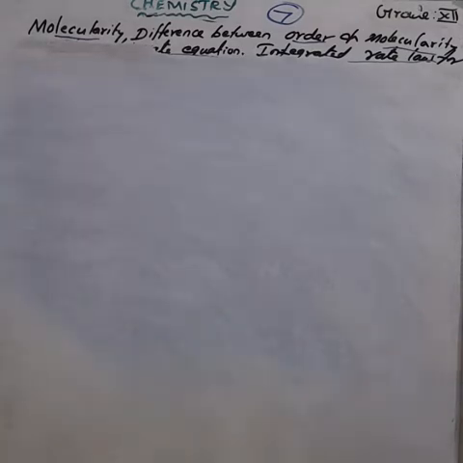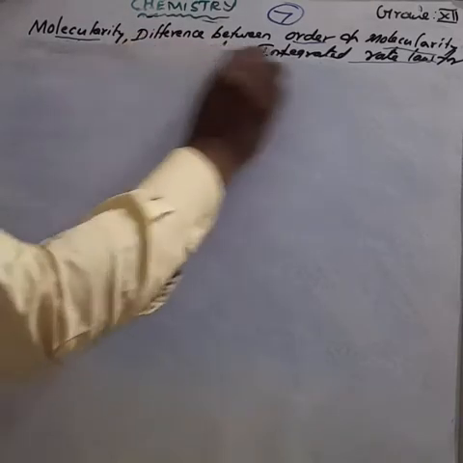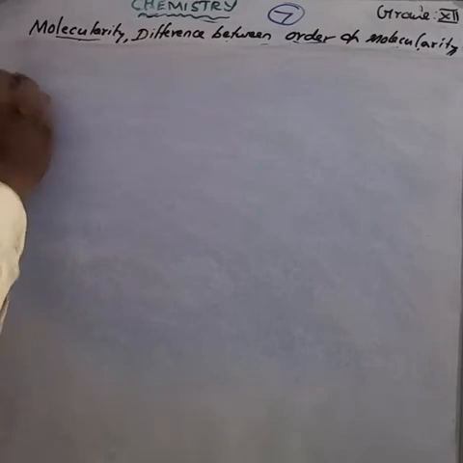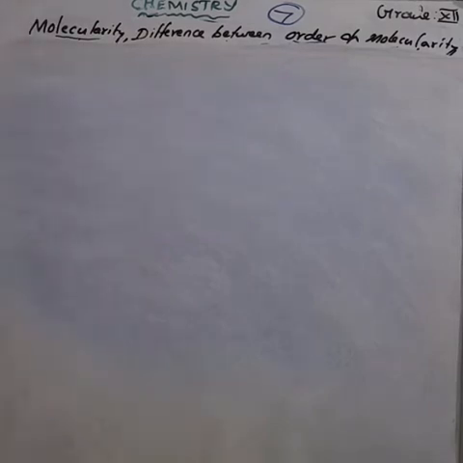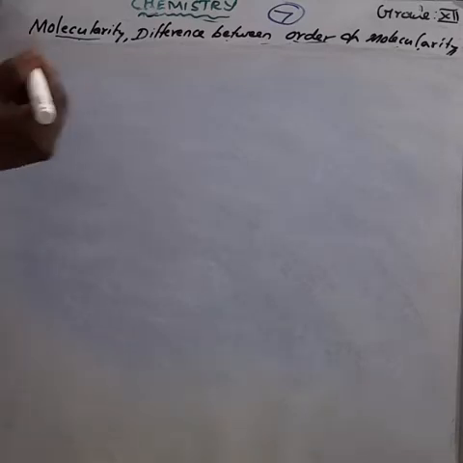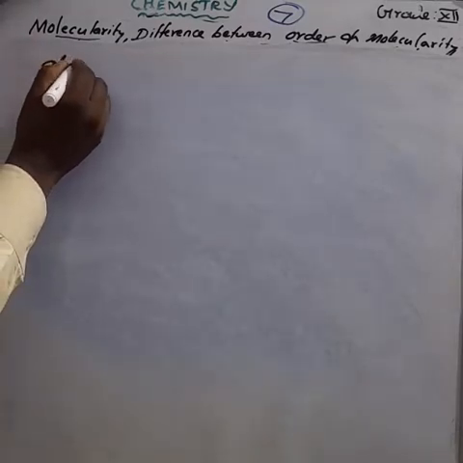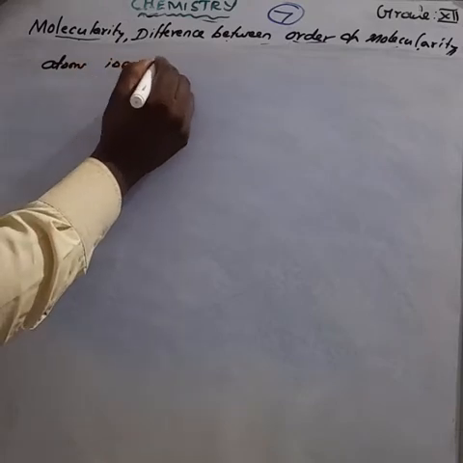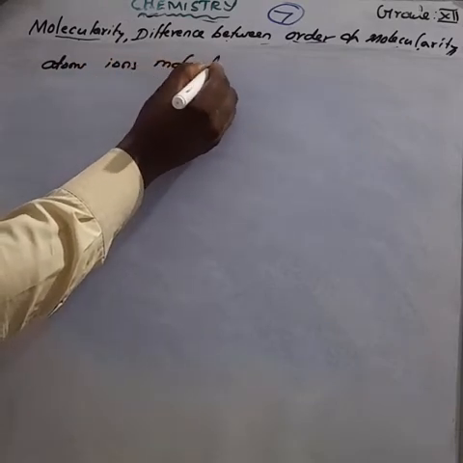Here, an elementary step is characterized by its molecularity. The total number of reactant species involved in an elementary step is called the molecularity of that particular step. What are the reactant species? Atoms, ions, molecules. These are all involved in an elementary step.